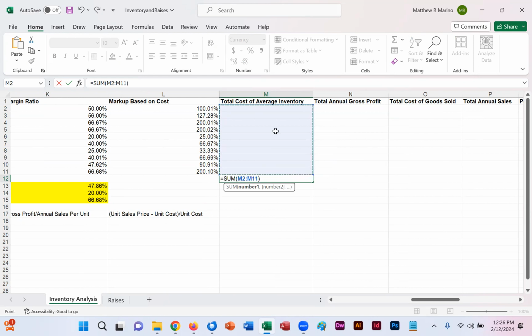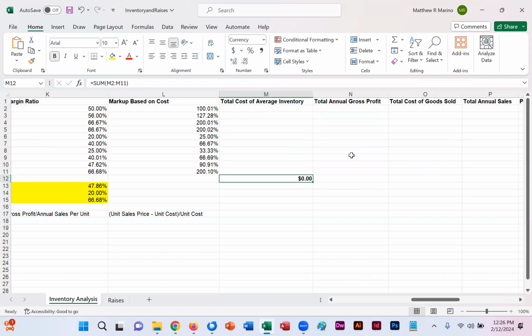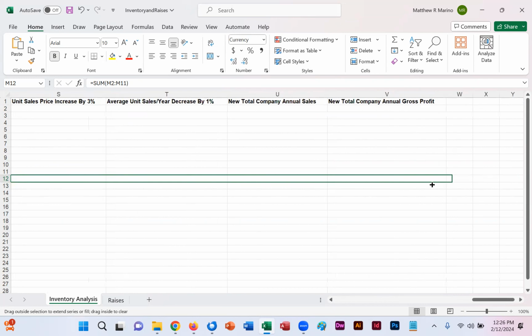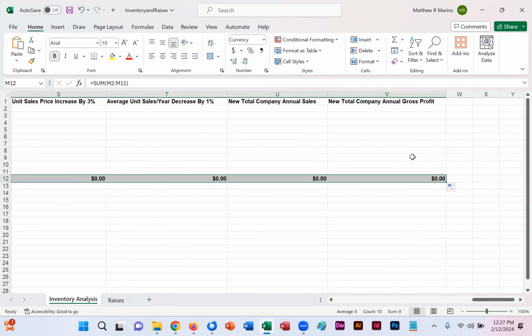This way it's going to total whatever information we put in those cells. We hit enter and we have $0 because nothing is there yet. We click back into that cell and we autofill across all the way over to V12, which is the last column that we need to complete.